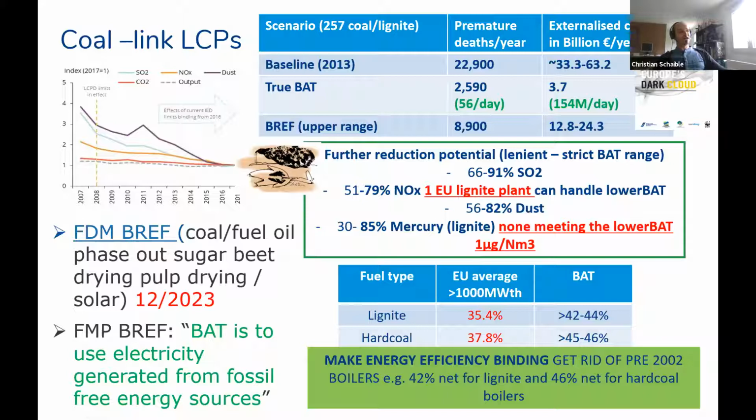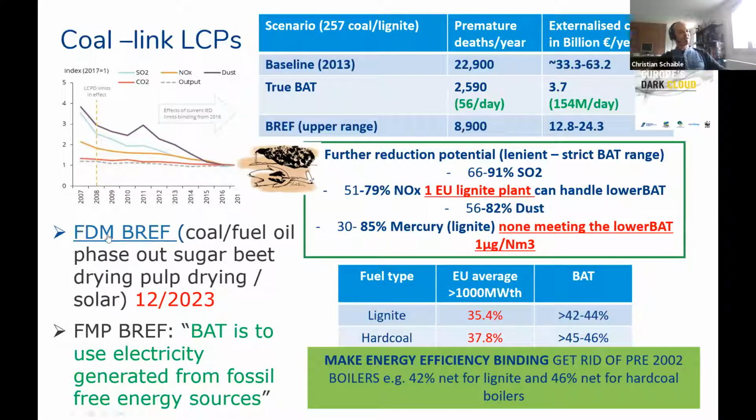There's also some new BREF, the ferrous metal processing BREF conclusion, which is going in the right direction, which is BAT is to use electricity generated from fossil-free energy sources. It's being opposed by a few member states like Italy and Slovakia and Czech Republic, because again, EU ETS is the magic market approach.